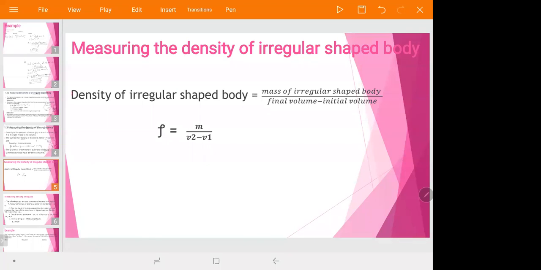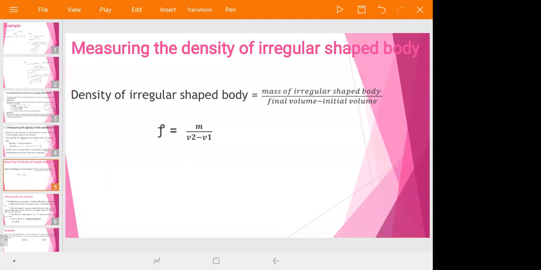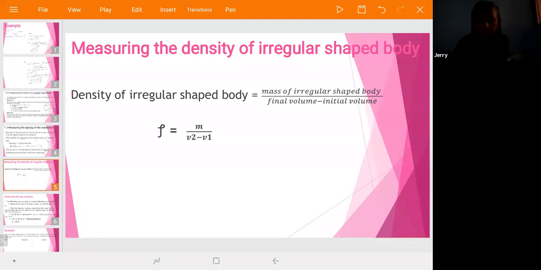For example, take an irregular shaped solid body which has a certain mass and insert it in water. When you add it to that water, the volume of the water rises.